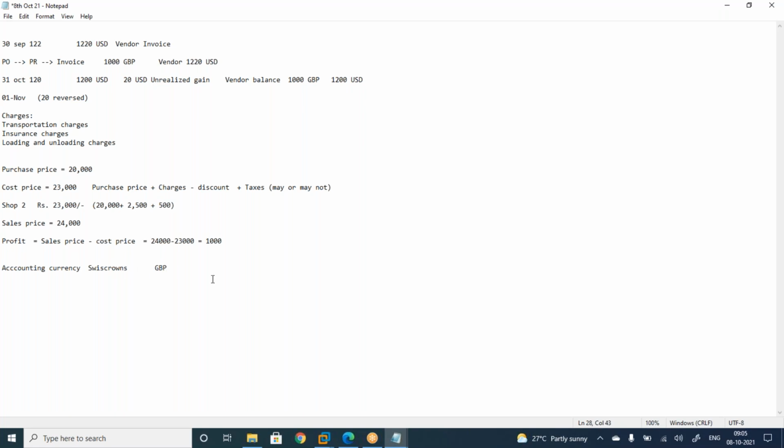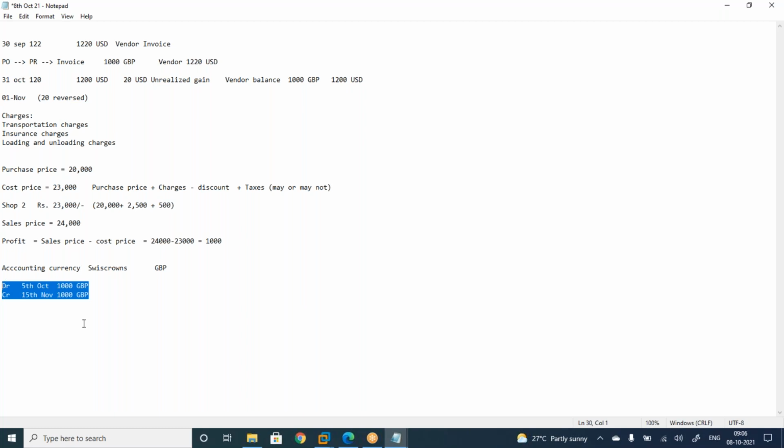Suppose one debit transaction is posted on 5th of October, 1000 GBP, and the credit you have posted on 15th November, it is 1000 GBP. In terms of GBP, it is tallied, am I right? 1,000.